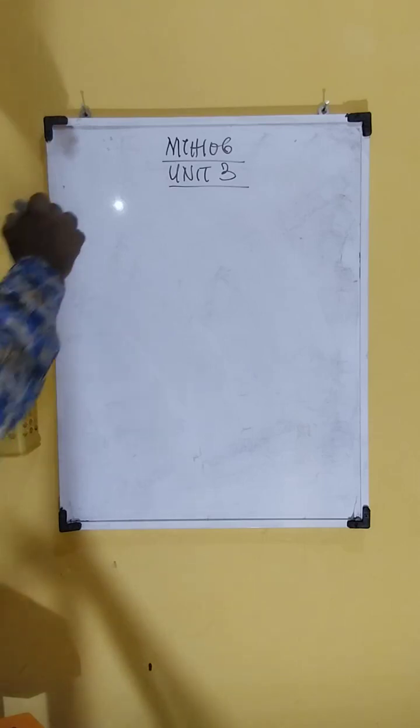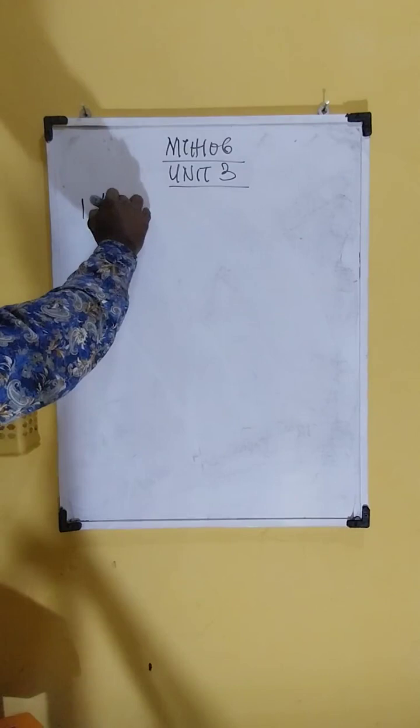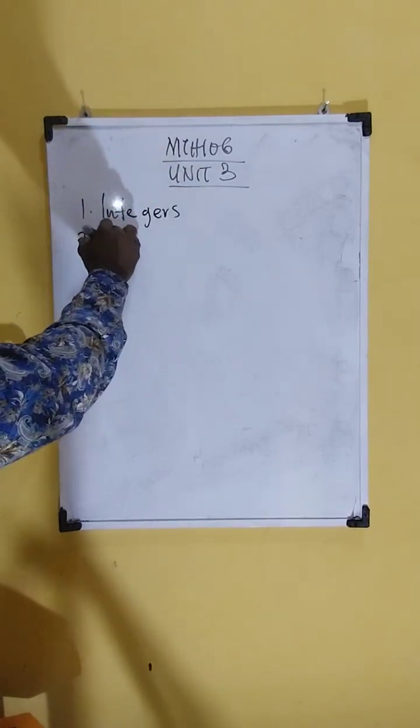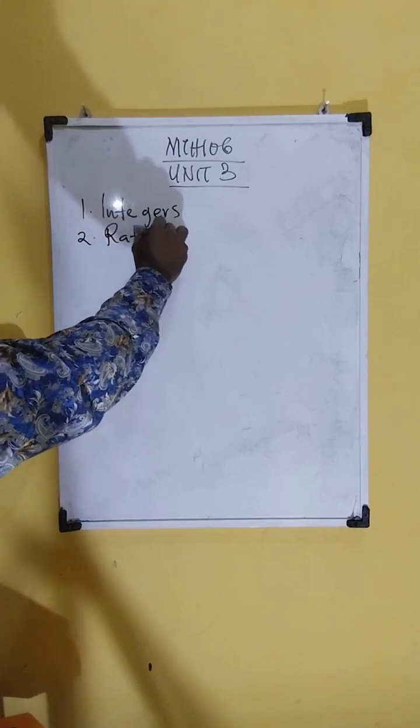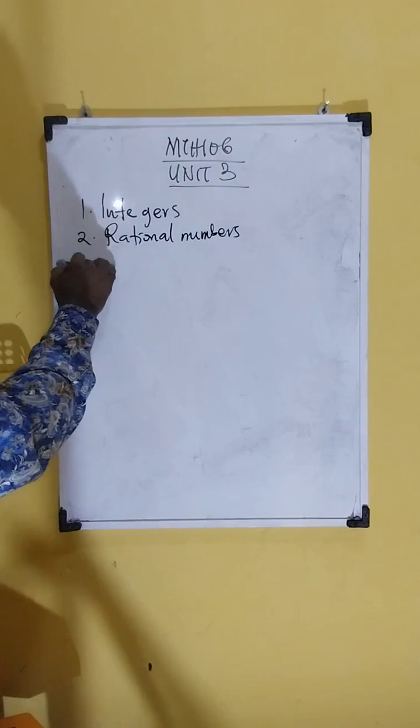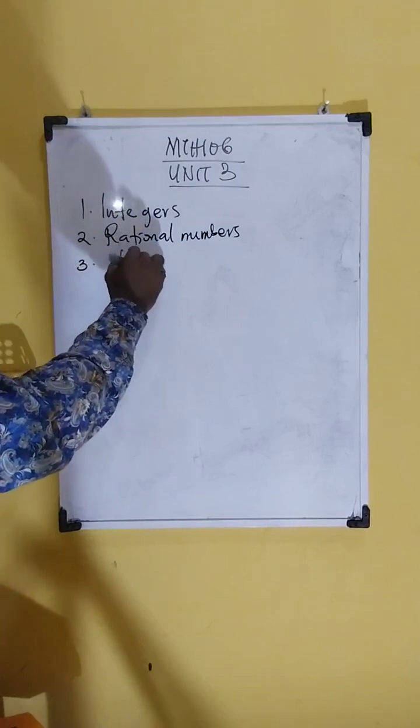So let me just write them out. The first, we're looking at integers. The second, we're looking at rational numbers. The third, we're looking at natural numbers.